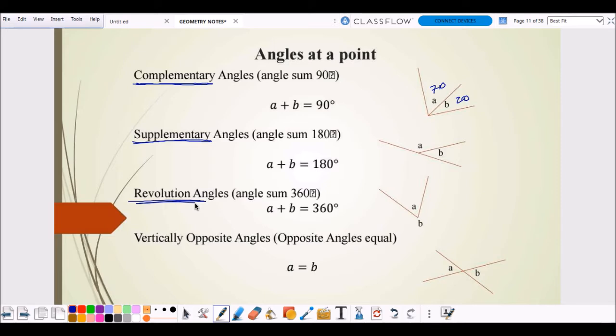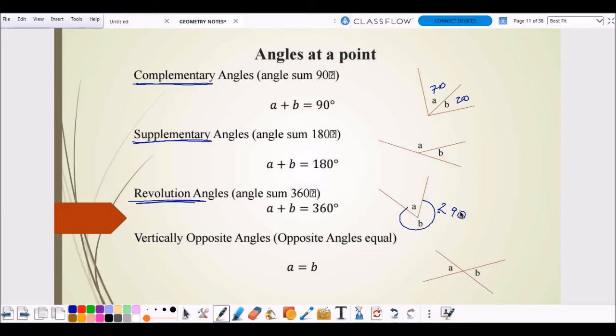So I'll quickly use that as an example. Let's say that this angle here is, I don't know, 250. Actually that won't make sense. Let's say that this angle here is 200 and let's go 290.